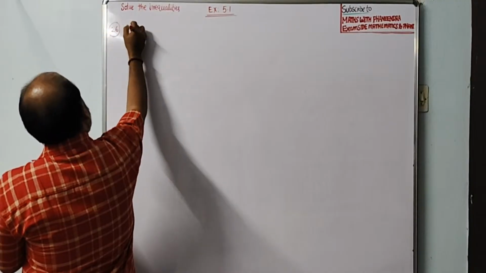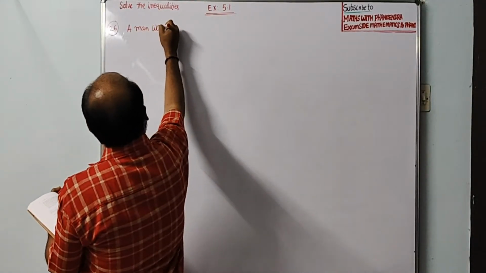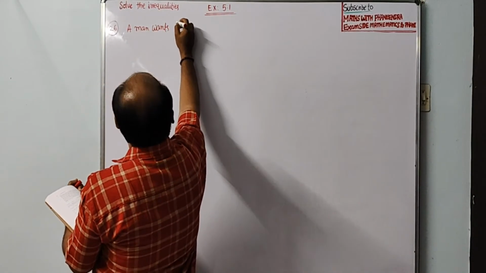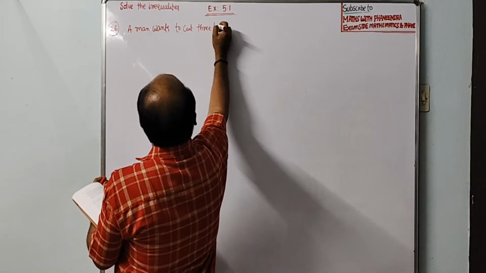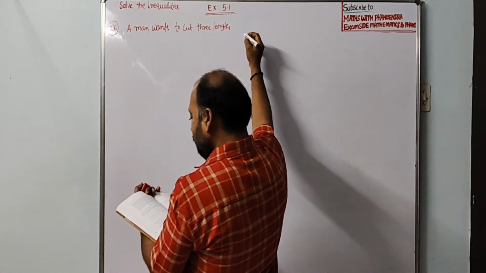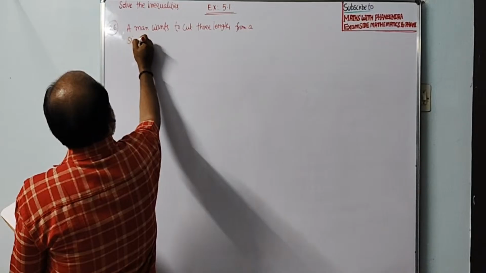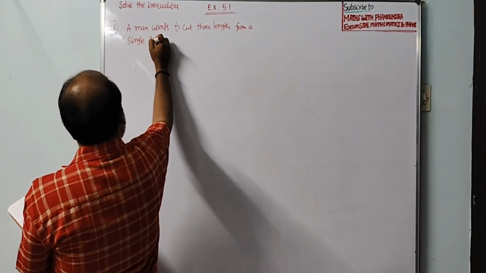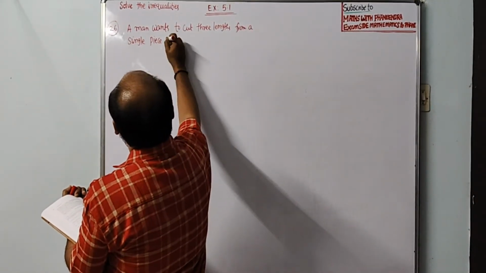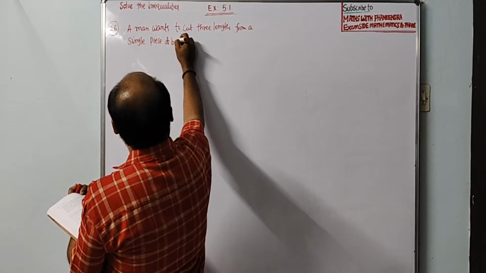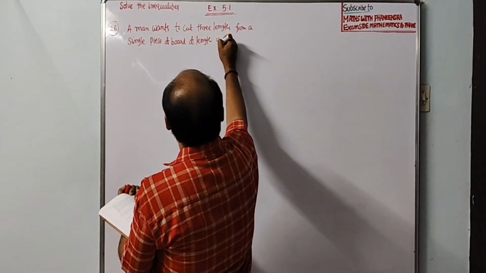Question number 26. A man wants to cut 3 lengths from a single piece of board of length 91 centimeter.